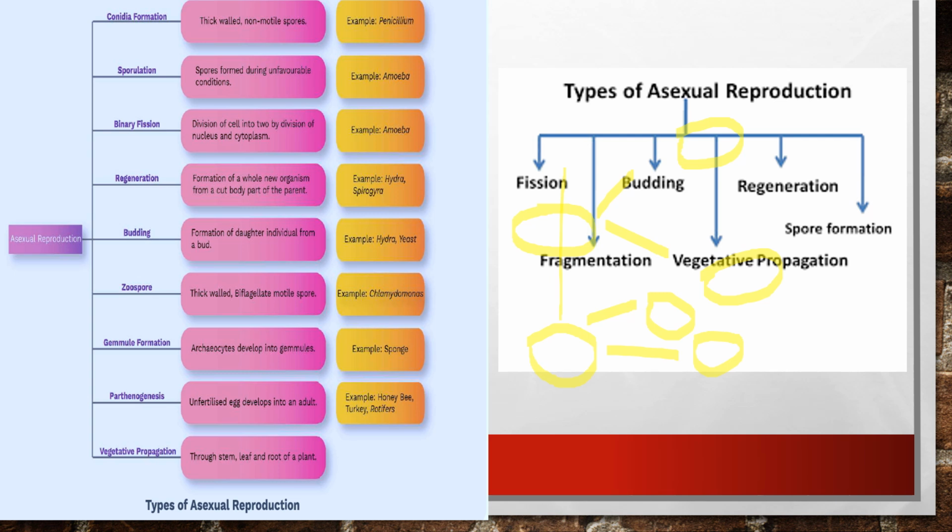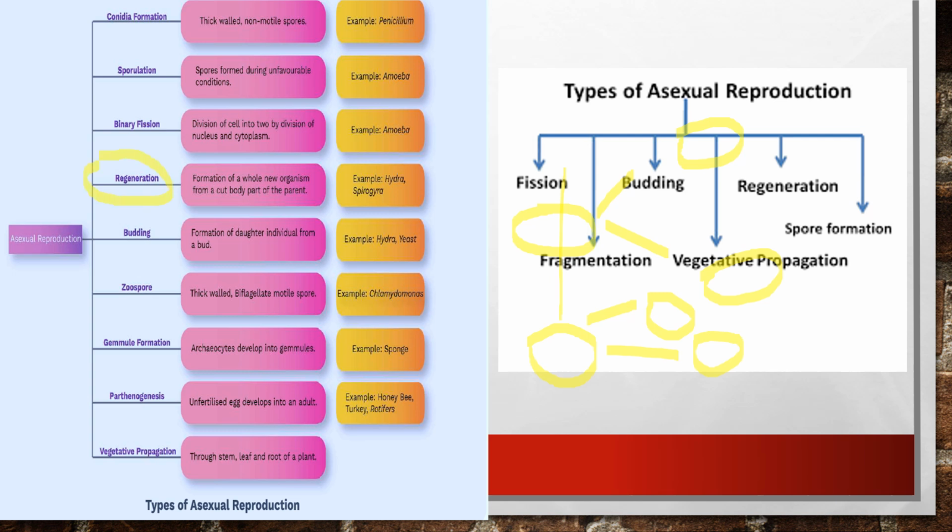The breakage may be accidental, due to some unfavorable condition, and every broken part develops as a new individual. This type of reproduction is commonly seen in Spirogyra. This process is also called regeneration.